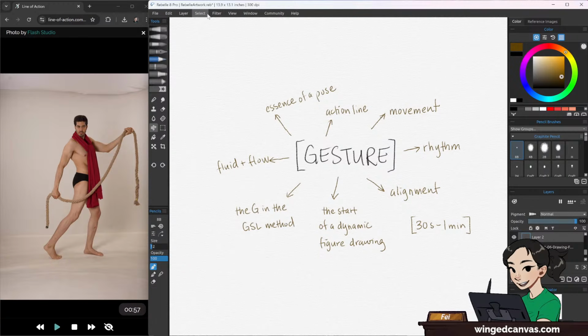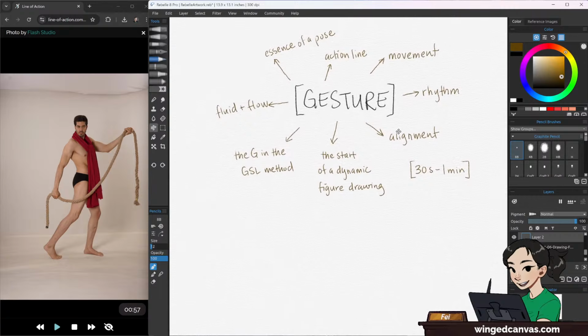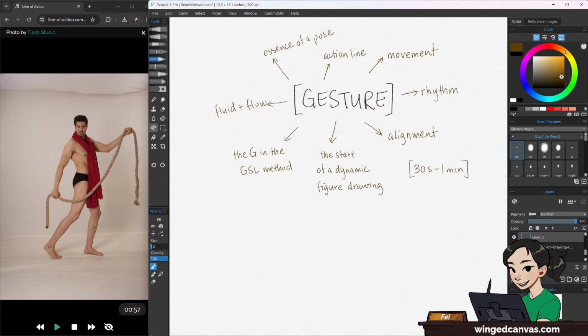When it comes to drawing gestures, there's actually different types of gestures. So we're going to go into gesture types. When you see a pose, you want to ask yourself, what is the best way to draw a gesture?